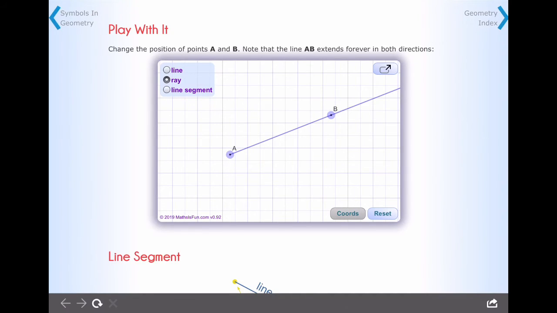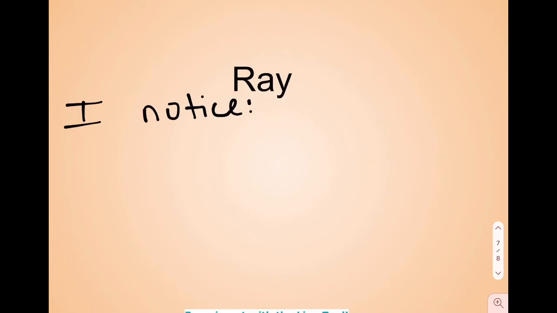All right. So now we can really start to add up some of the things that we notice. We notice that it's straight. We know that it has no size. We see that it has one end point where it starts, but it goes on forever in another direction. Let's go ahead and write that down. I notice that it is straight.